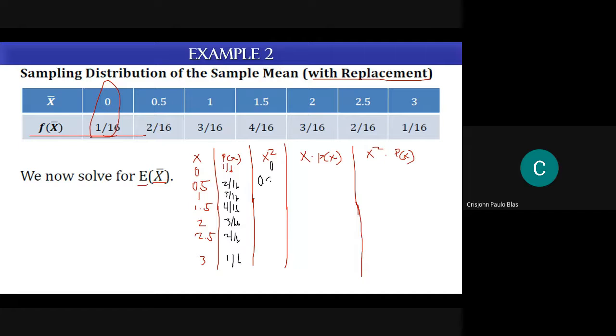Square of 1 is 1. 1.5 squared, ano sagot?